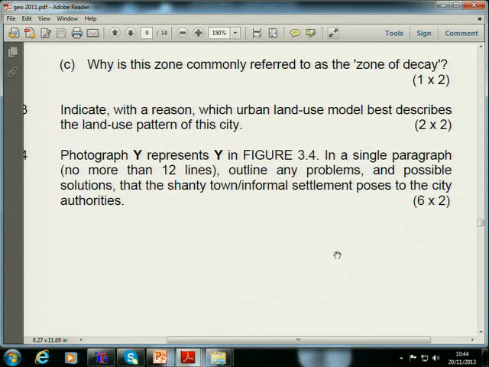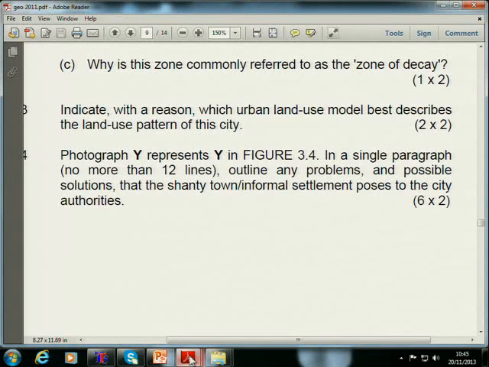Now, in a single paragraph of not more than 12 lines, outline any problems and possible solutions that the shanty town or informal settlement poses to the city authorities. Can you see that? Problems that we find in the informal settlement, and then what should be the solutions.